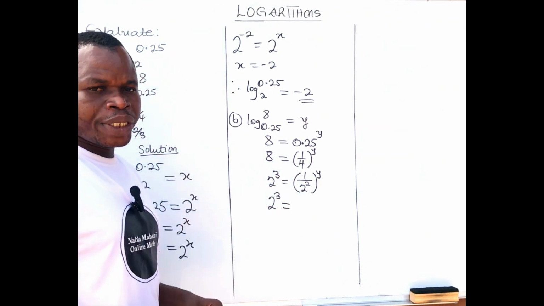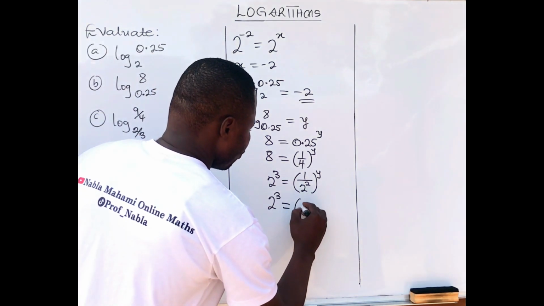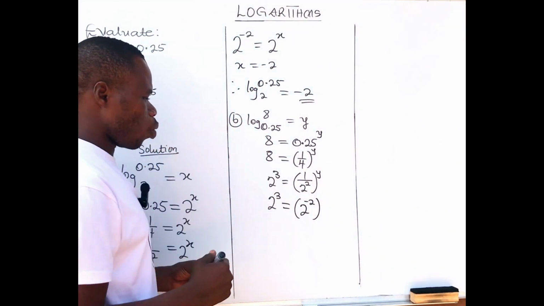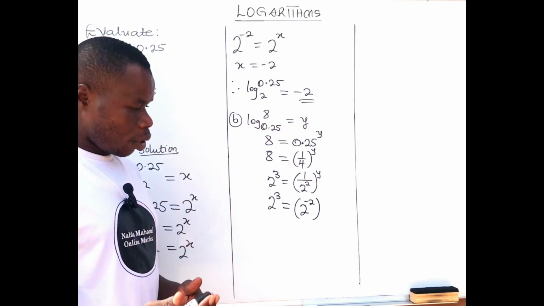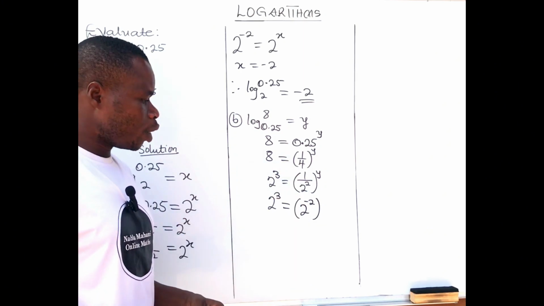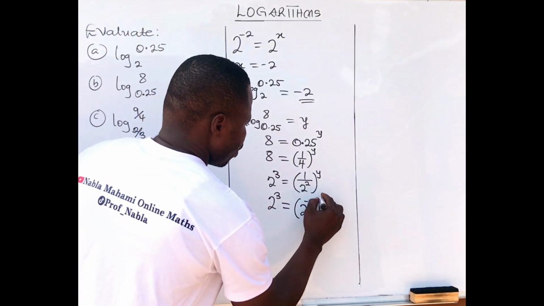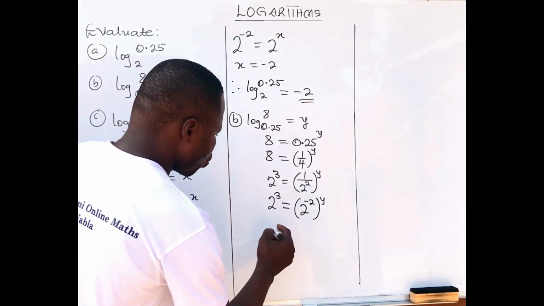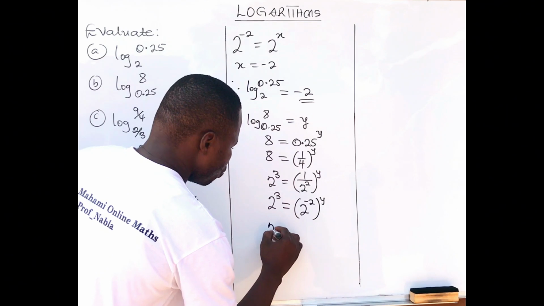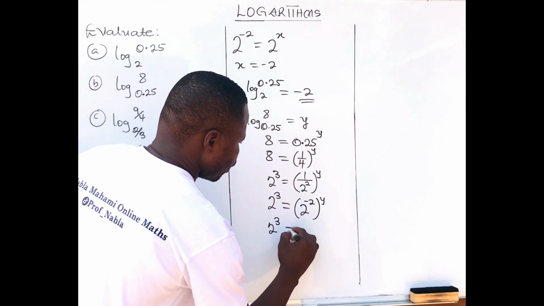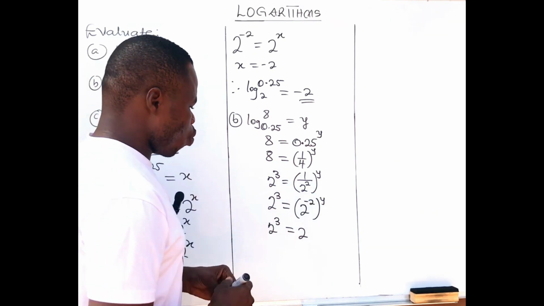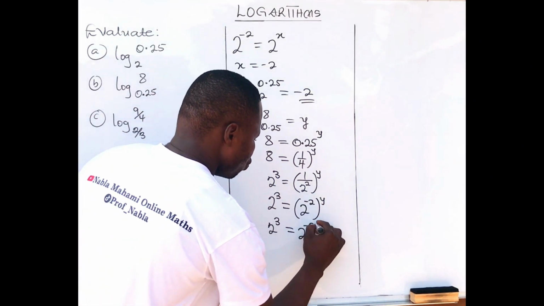I will take its reciprocal, and taking its reciprocal, I will now have 2 exponent minus 2. I'm sending it to the top, and the power is positive, so if you send it to the top, it will now change to be negative. And I'll bring the exponent y. To continue, I'll have 2 exponent 3 is equal to 2 exponent minus 2 times y, which is minus 2y.